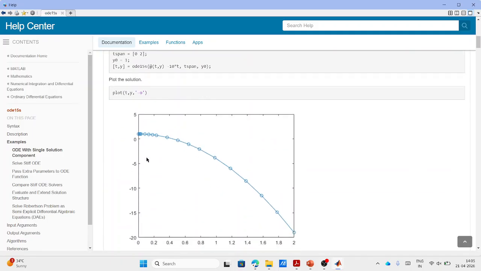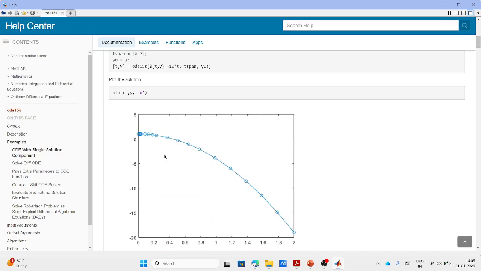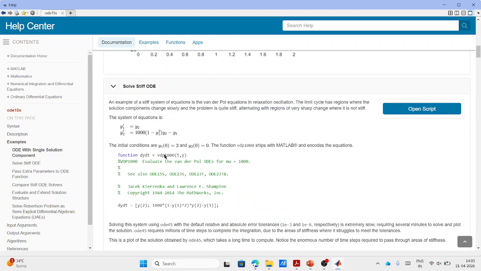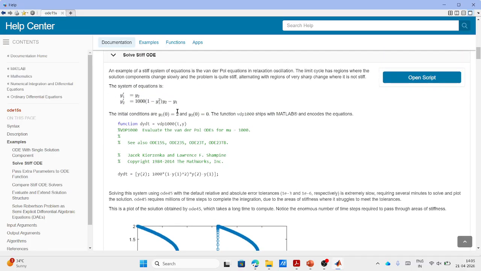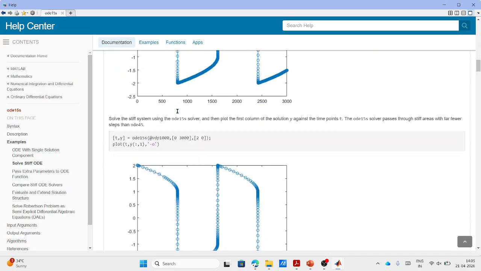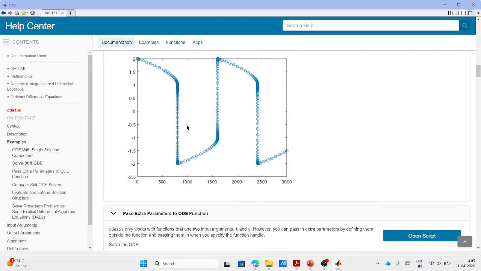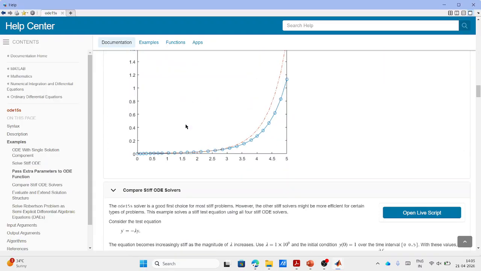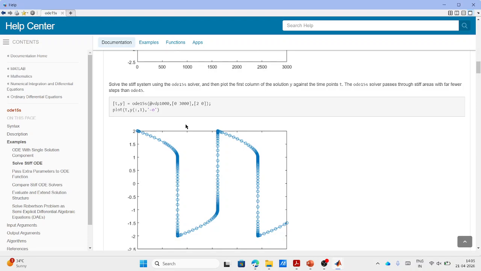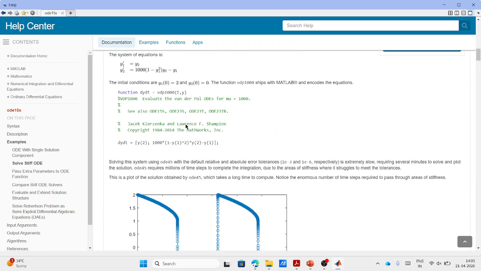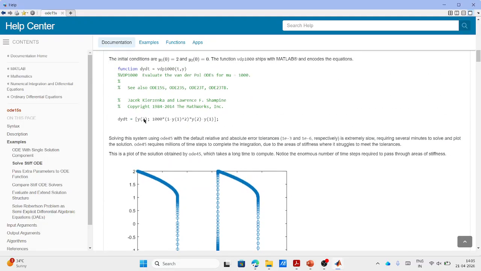Some examples are given here, with y1 and y2.